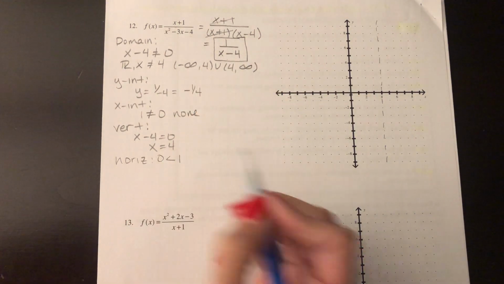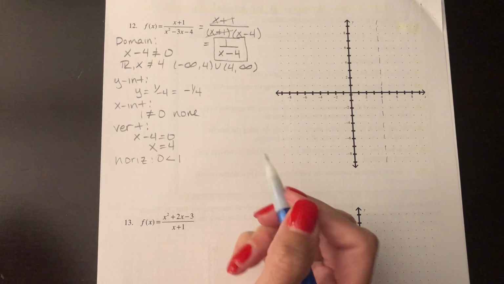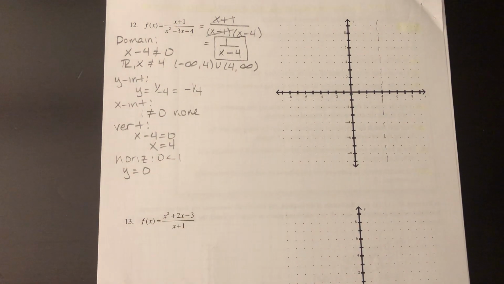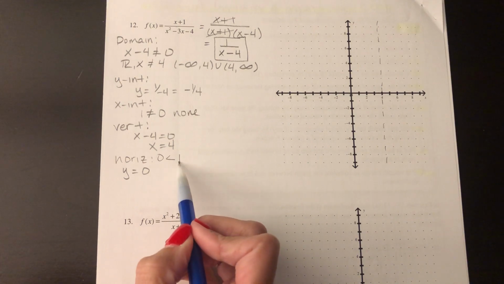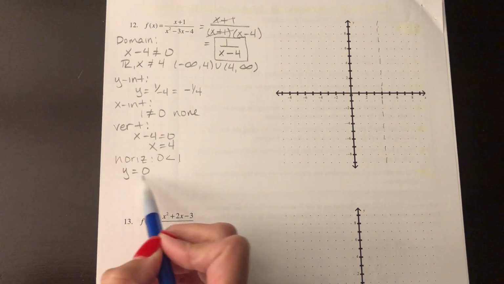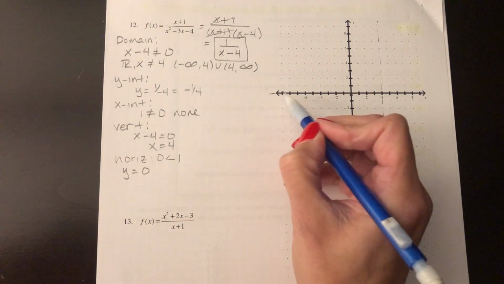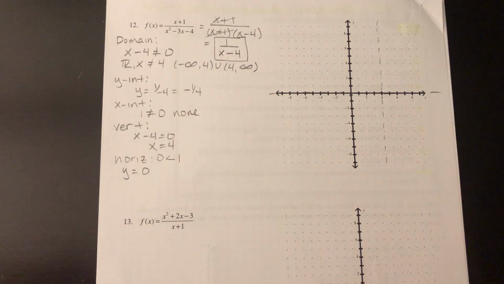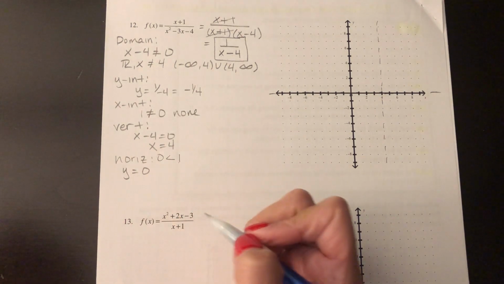Degree is 1. 0 is less than 1. So you look at your chart, your rules there. When the degree of the numerator is less than the degree of the denominator, that's y equals 0. So there's your horizontal asymptote there. There's no slant.